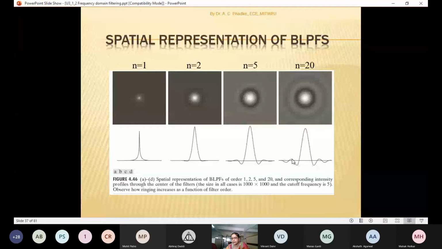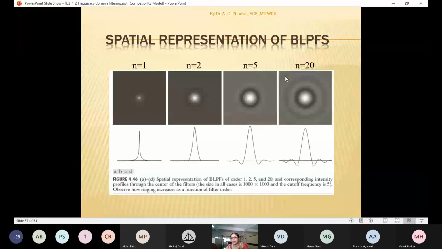You can observe here, even for Butterworth filter, you are getting these negative and positive peaks. And the same is observed here as concentric rings. Are you able to observe these concentric rings? Wherever there are negative peaks, you observe a dark ring. Wherever there are positive peaks, you observe a bright ring.